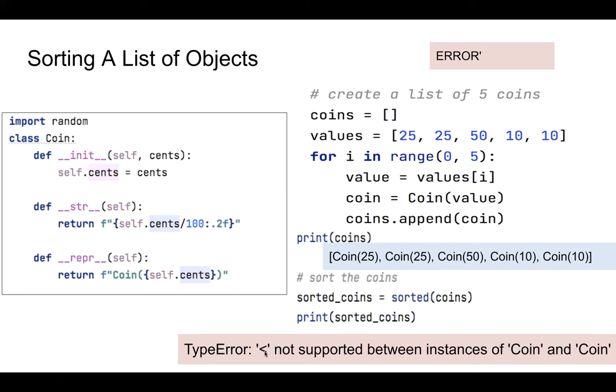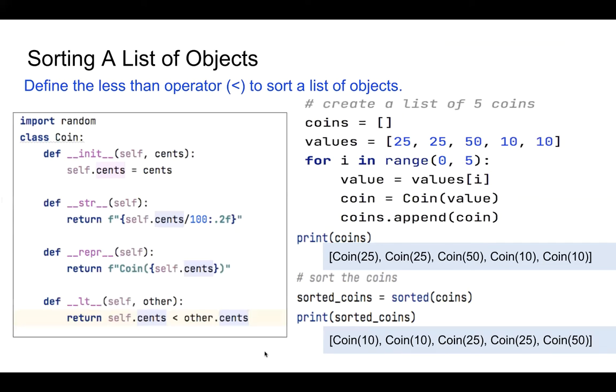It says it can't find the less than method. So now I define it. Less than returns true if my cent value is less than the other's cent value. By including that one definition of less than, it goes through and sorts the values correctly for us.